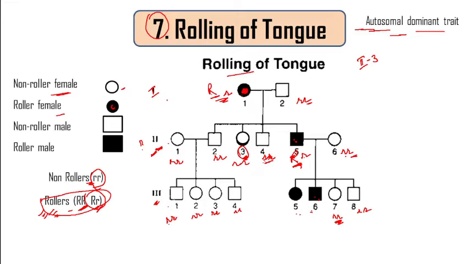One small r has to come from the mother, here also and here also. And because both these are rollers, the other allele is capital R. They inherited the dominant allele from the father. So capital R, small r, capital R, small r. This is how you are going to calculate the genotype of the entire pedigree chart.